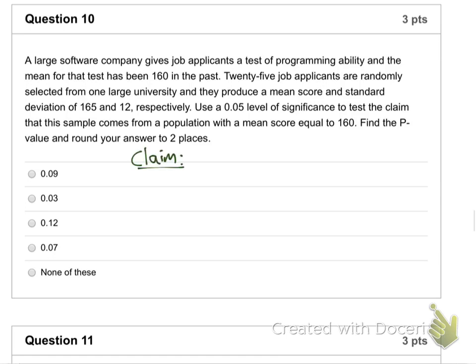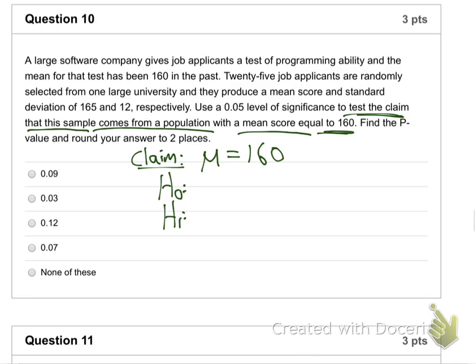So what's the claim here? What is being claimed? Test the claim that this sample comes from a population with a mean score equal to 160. Mean, there it is again. The claim is equals again. See how I just grab the word claim and just take the words that come right after it? Mean equal to 160. Mean is the Greek mu. And then we write our H0 and our H1. What is H0 always?